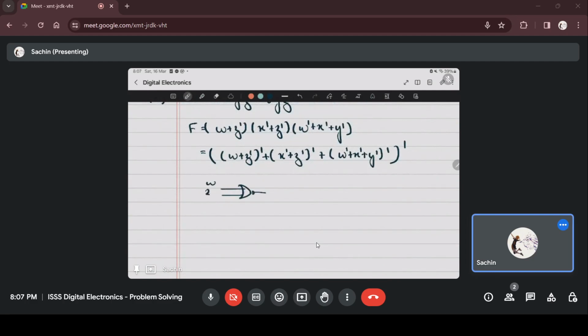That is, if you give w, z' here, one NOR gate will give you (x' + z')', another NOR gate will give you (w' + x' + y')', and the NOR of those three will give you f.